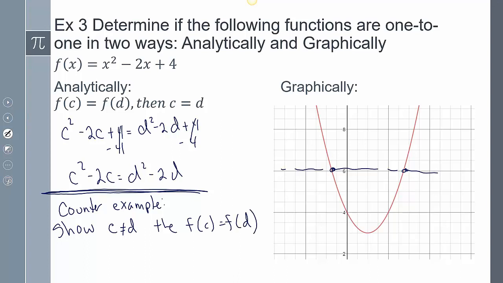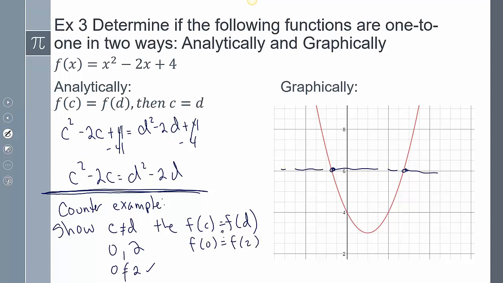Well, what if I picked 0 and positive 2? If I picked 0 and positive 2, they don't equal each other, so 0 doesn't equal 2, so so far so good. And if I plug in 0, what is f of 0? Does that equal f of 2?